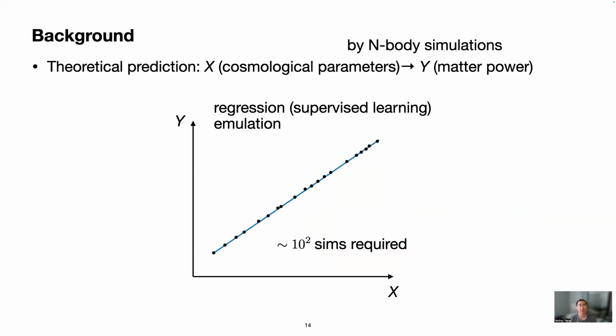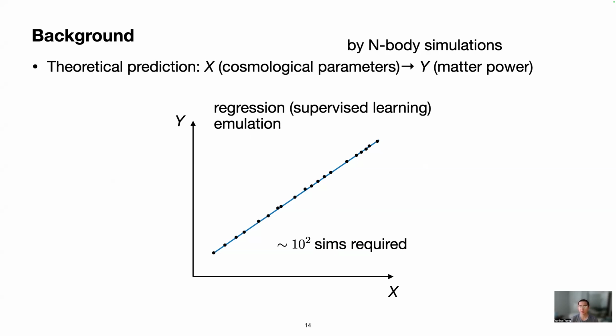We want to make theoretical predictions for any given set of cosmological parameters. We will need to run an N-body simulation, but it is not plausible to use simulations directly in inference because that will be prohibitively expensive in terms of computation.